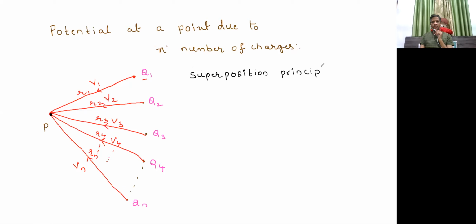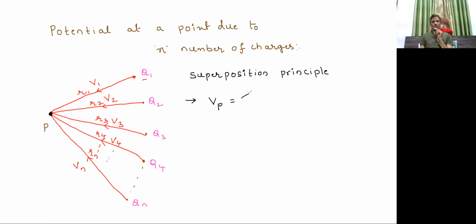What is the superposition principle stating? Superposition principle states that the total potential at this point, let us call that Vp, potential at point P, is the algebraic sum of the potentials due to individual charges.